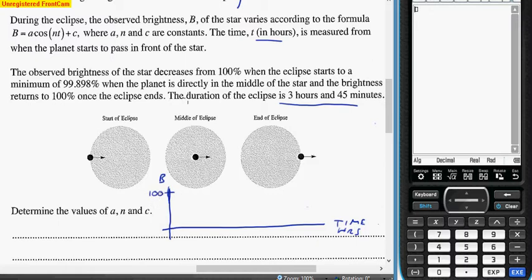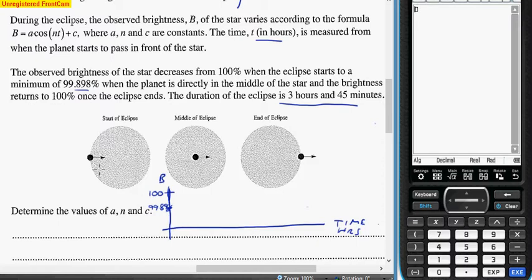And the minimum we get to is 99.898. Clearly, if I've got a 0 here, this is not to scale. Right, let's just mark in some things.